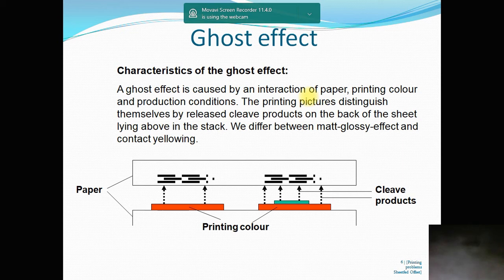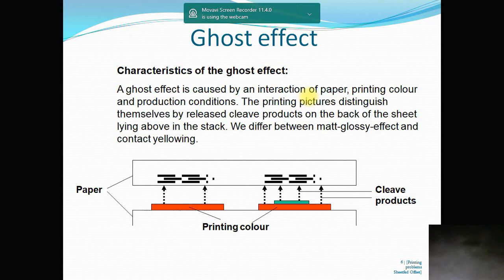A ghost effect is caused by an interaction of paper, printed color and production condition. So because of three reasons, by an interaction of paper and printing colors and production conditions. The printing picture distinguishes itself by released cleave products on the back of the sheet lying above in the stock. The sheets are stacked one upon another in the delivery unit after printing one color.